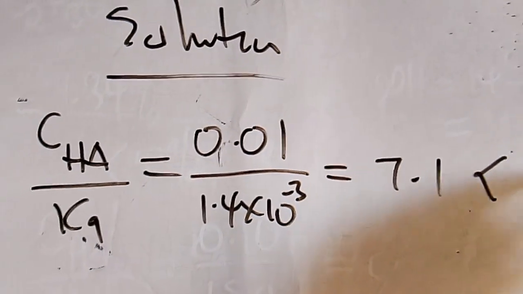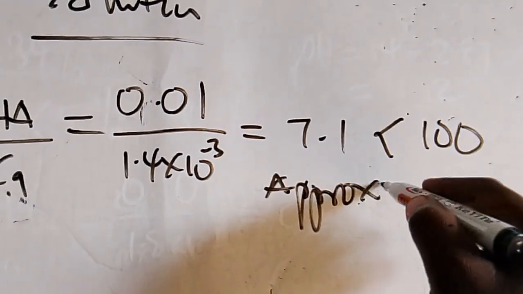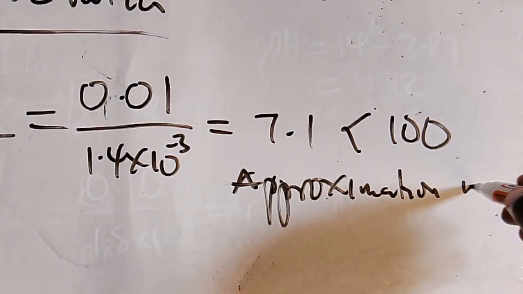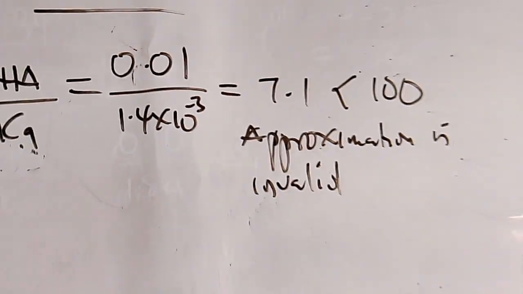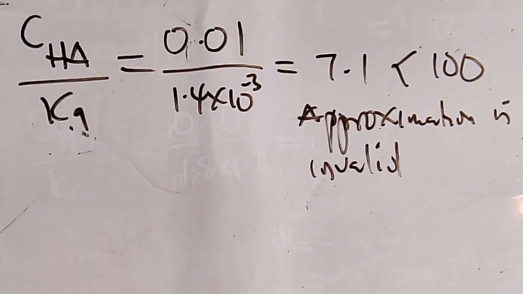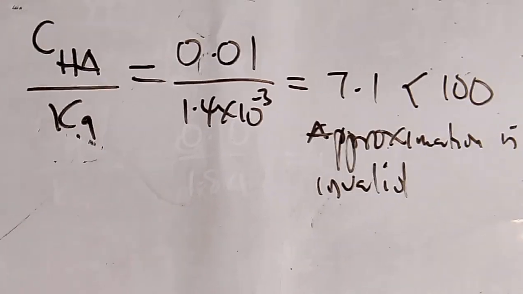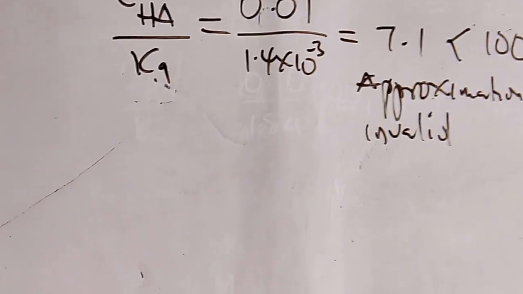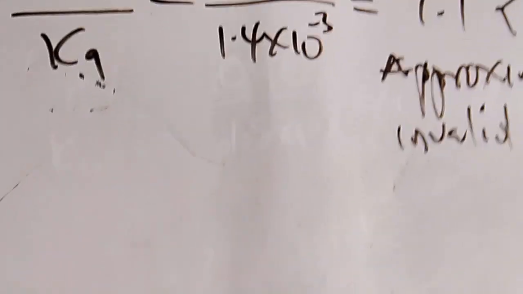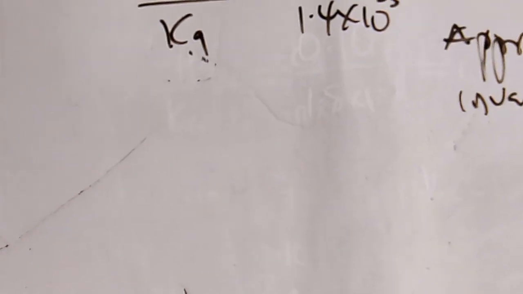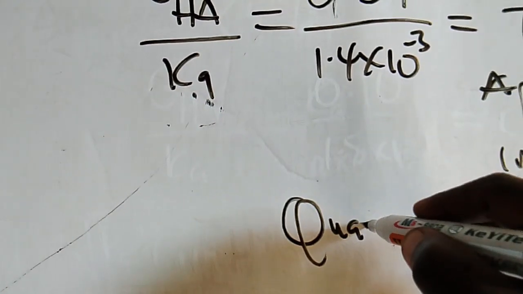So 7.1 is less than 100, which means the approximation is invalid. We cannot use hydrogen ion concentration equal to the square root of Ka times the concentration of the acid. So now we need to apply the quadratic equation.